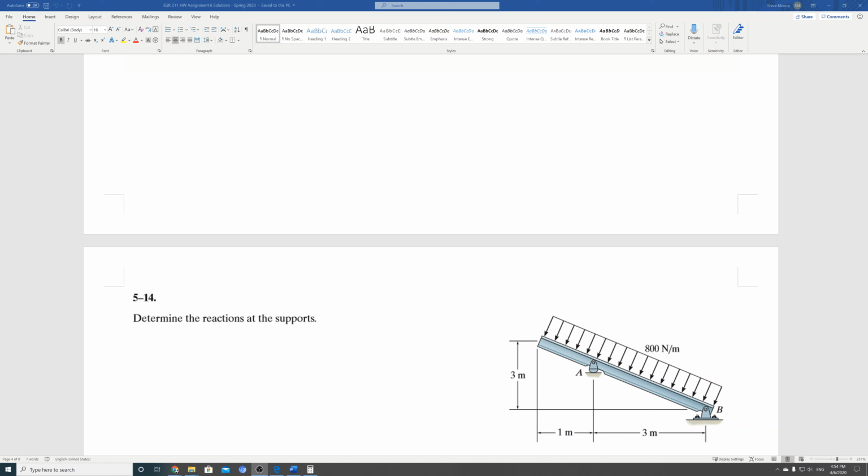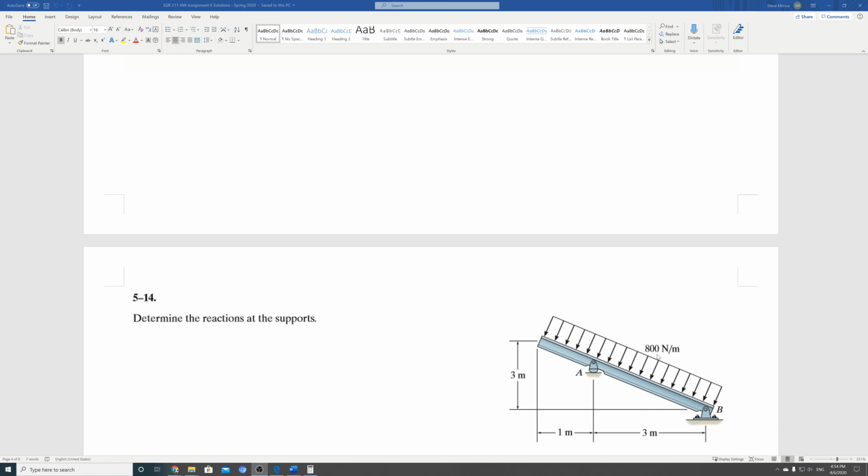So I'm going to take a look at problem 5-14 right now. Some things are in common with the previous problem, 5-13. One of them is that we have a uniform distribution.